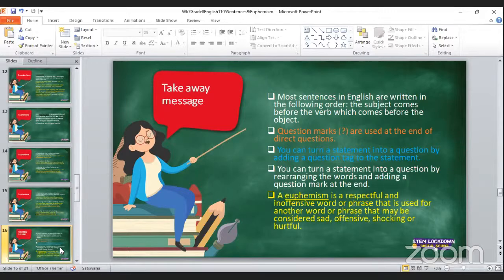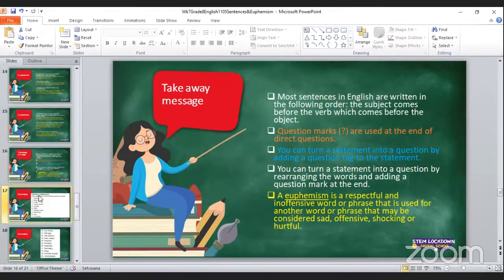We also learned that you can turn a statement into a question by rearranging the words and adding a question mark at the end. And we also learned that we can use a euphemism to communicate something which can be considered sad, offensive, shocking, or hurtful.